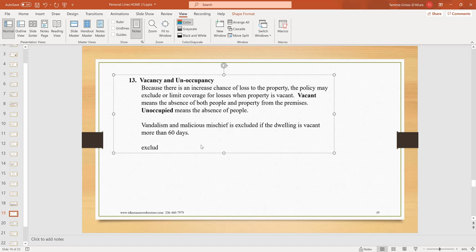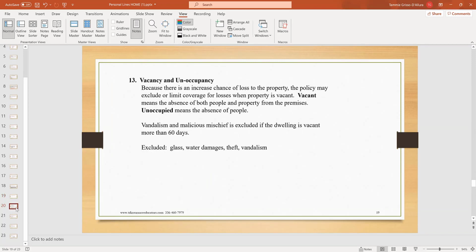Now there are some other things that could be excluded, like glass and any type of water damage. Any type of theft, any type of vandalism. All of these things are going to be excluded with that 60-day clause. Now, if there's a fire, it will be covered. If there's lightning or windstorm, it will be covered. But typically, these are some perils that are excluded with that 60-day clause that you have.